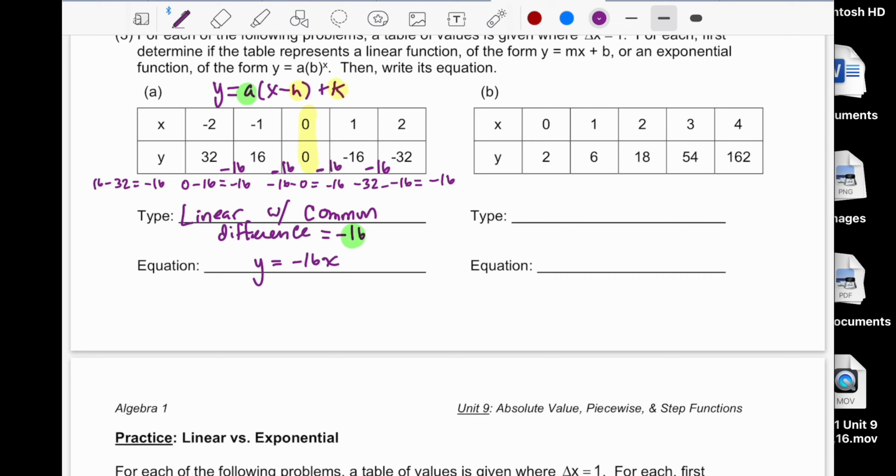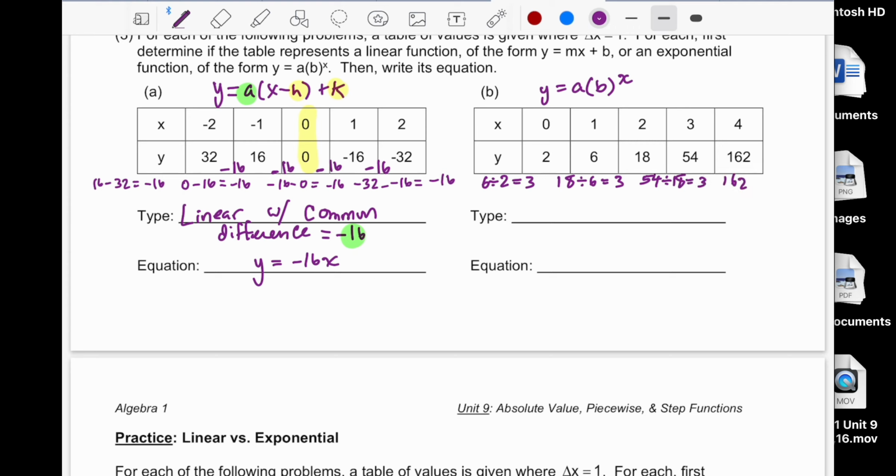For the other one, we want y is equal to a times b to the x power. By using this notation, they basically told us that there's no translation involved. So that's great. All right, we would have figured it out anyway because we have a common ratio here. 6 divided by 2 is equal to 3. 18 divided by 6 is equal to 3. 54 divided by 18 is equal to 3.